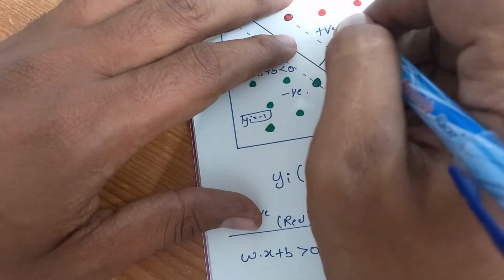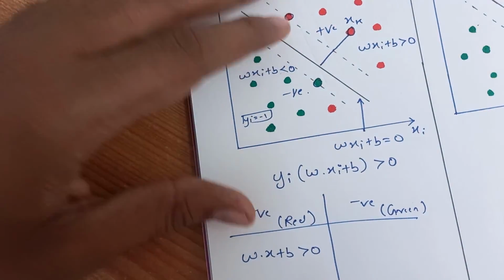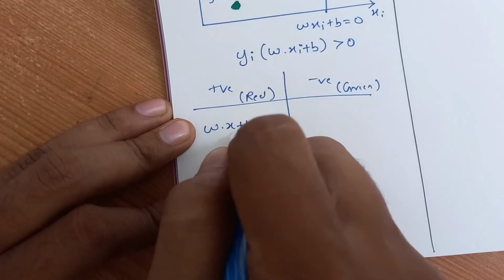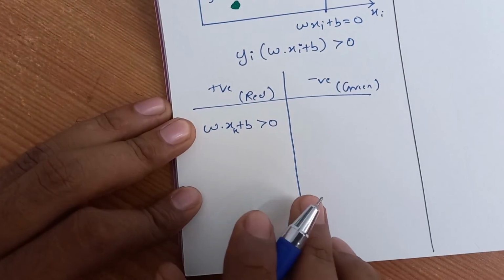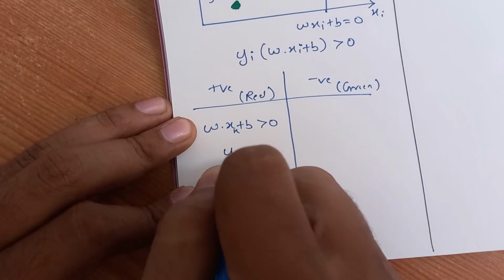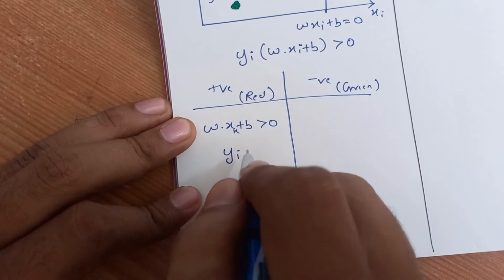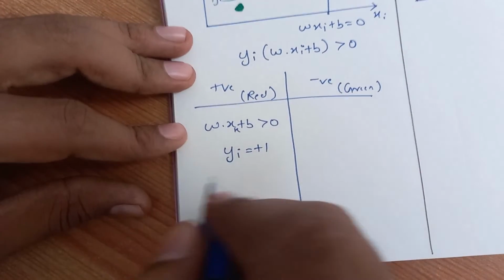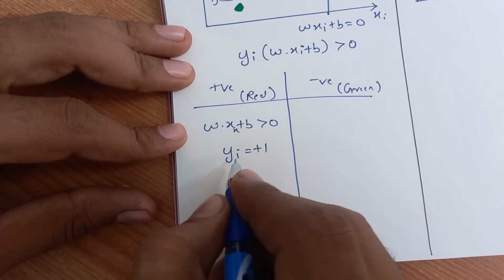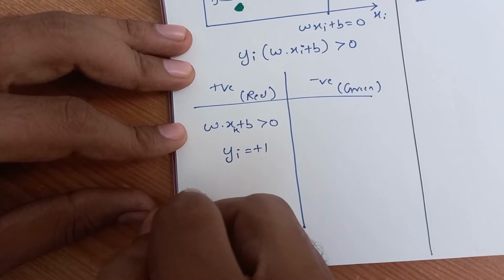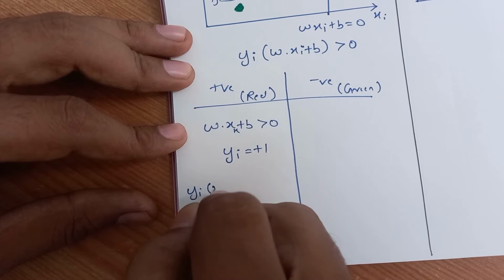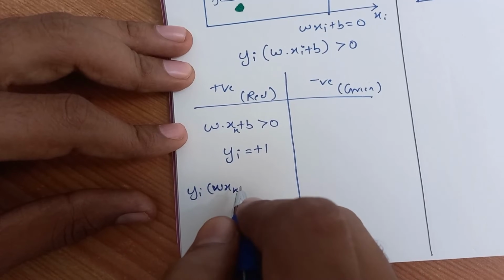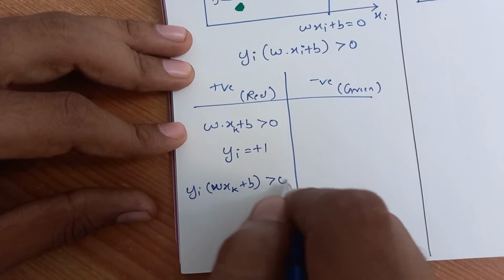Let's denote this point by xk. So w dot xk plus b is greater than 0. And the output is lying on the positive side, so yi value is also equal to plus 1. When you multiply both, which are greater than 0 and plus 1, of course yi into w into xk plus b will be greater than 0.